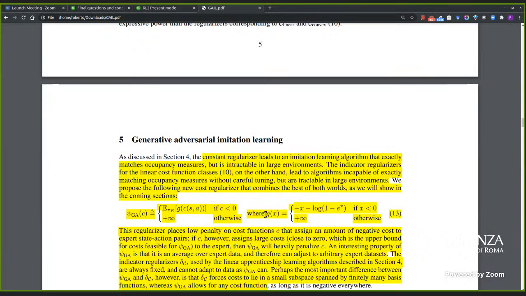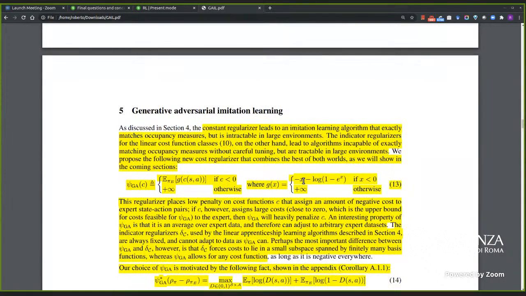regularization. And G is nothing else than this other function where it's minus x minus logarithm of 1 minus e elevated to x if x is negative, otherwise it's infinite. So what is the meaning of this?